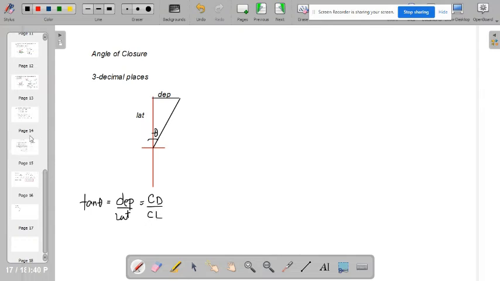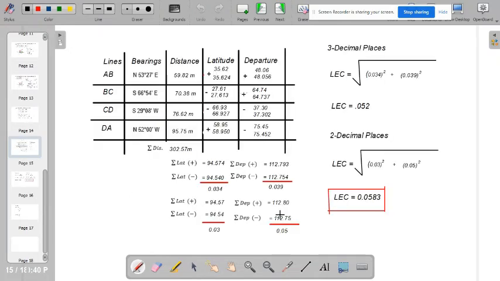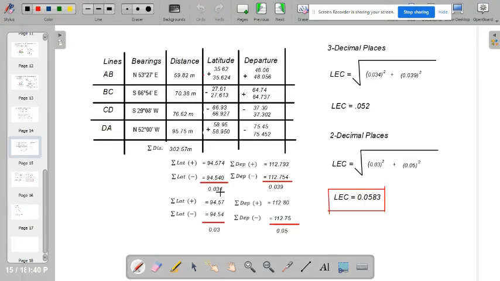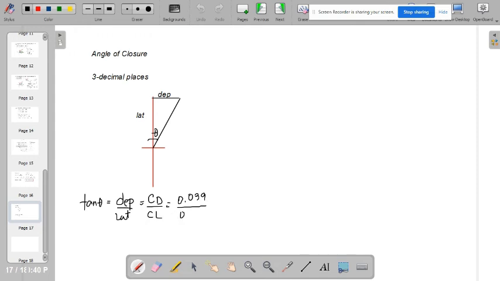So, ito yung closure in departure, closure in latitude. Dito yun, ito yung kinuha natin. So, 0.039 divided by 0.034. So, theta is equal to arctangent 0.039 over 0.034.